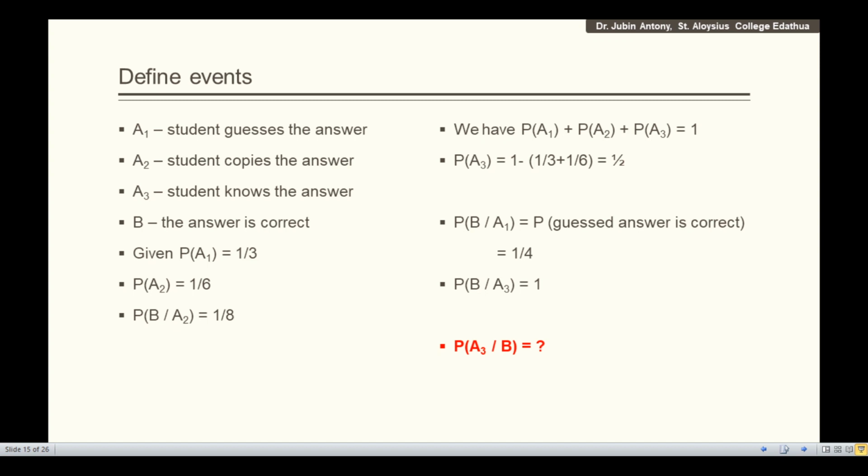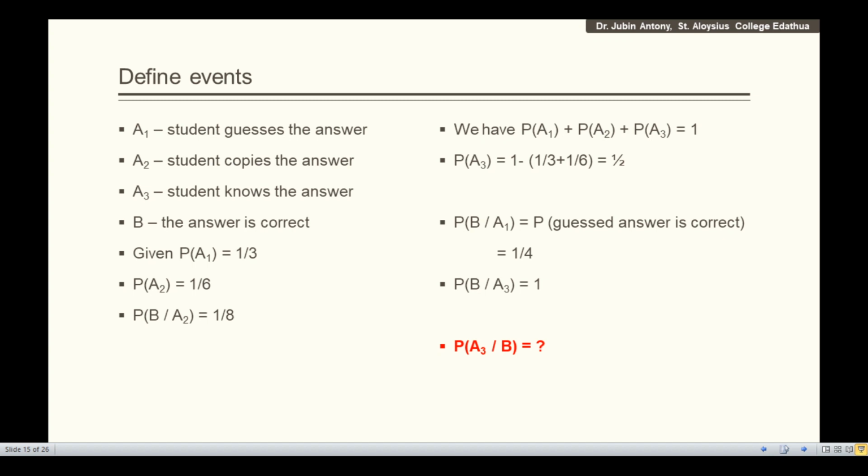Also in the question it is given that the probability that a copied answer is correct is 1 by 8. That is, probability of B given A2 equal to 1 by 8. Probability of B given A1 is nothing but the probability that the guessed answer is correct. Since there are 4 options, this probability will be 1 by 4. Probability of B given A3 is the probability that the known answer is right. That probability is obviously 1.